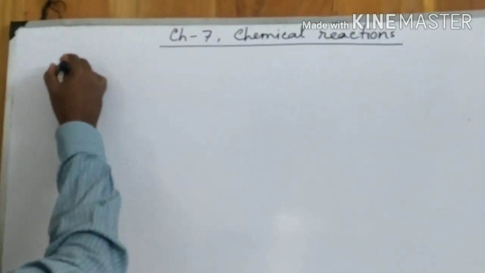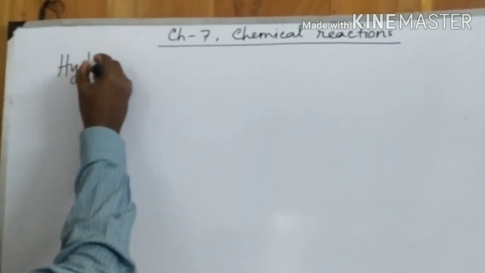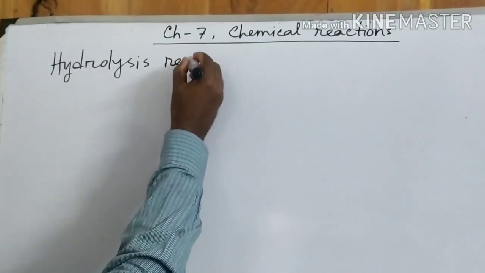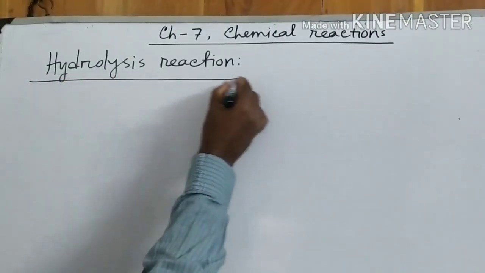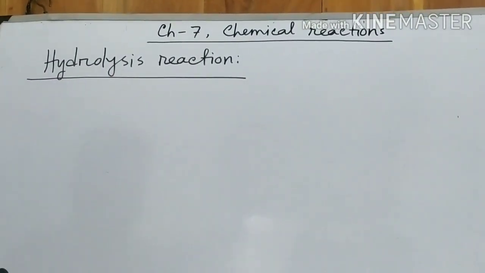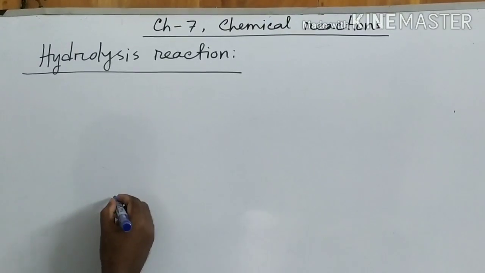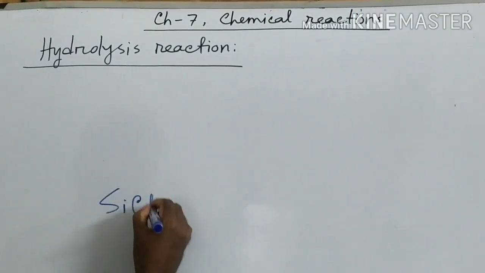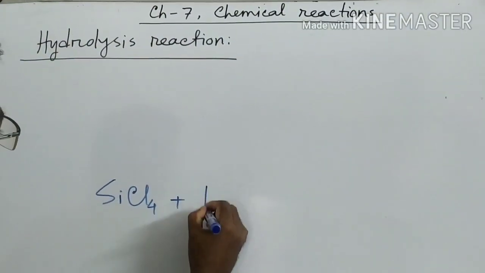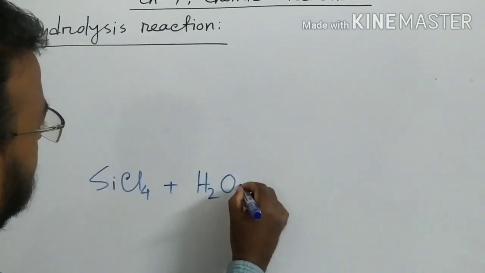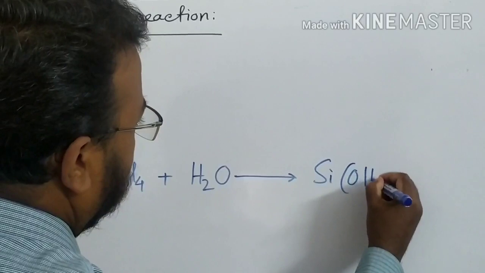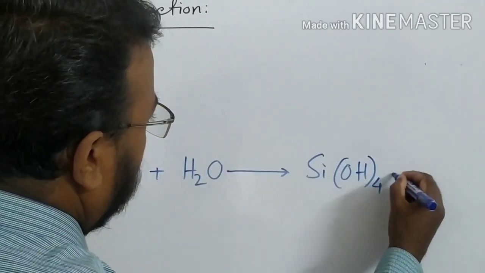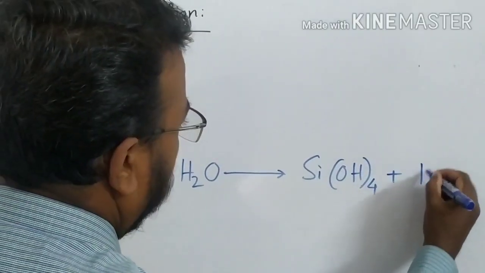Okay, now hydrolysis reaction. Okay, everybody see that silicon tetrachloride reacts with water to produce silicon tetrahydroxide plus hydrochloric acid.